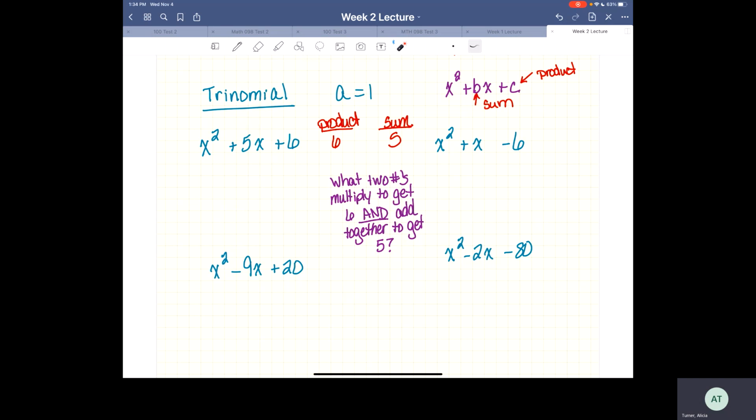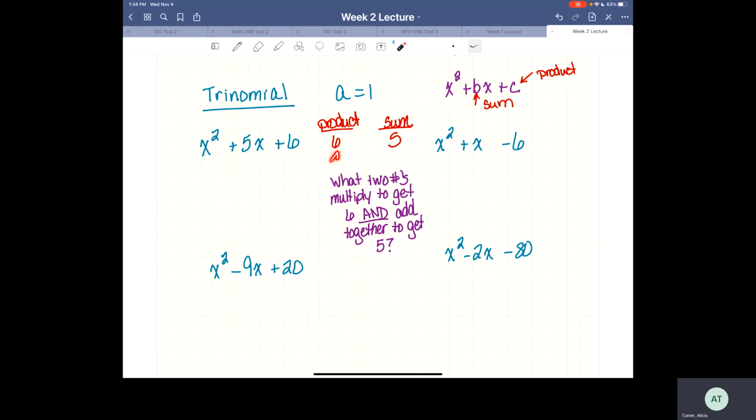So this is what you ask yourself, and I would write this down right here. What 2 numbers multiply to get 6 and add together to get 5? So you kind of have to do some guess and check.